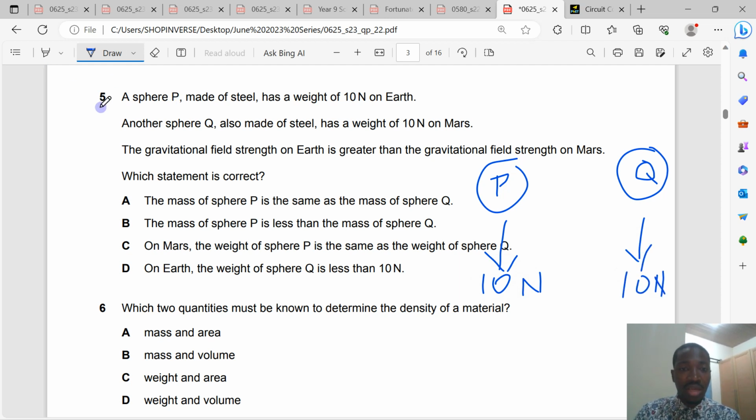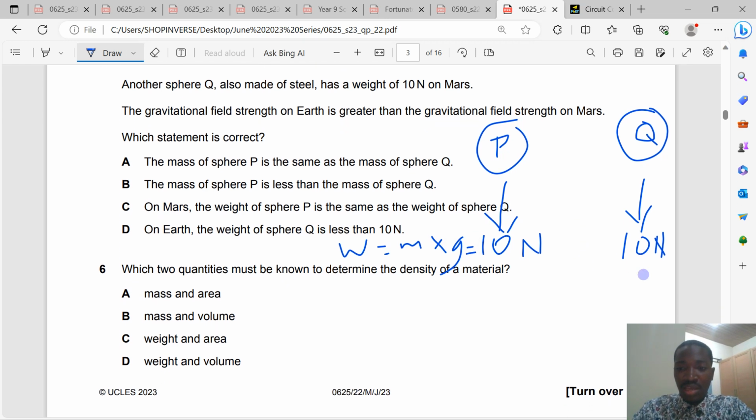Now, let's see. The gravitational field strength on the Earth is greater than the gravitational field strength on Mars. Which statement is correct? You know, weight is equal to mass multiplied by gravity, and that's what gave us 10 here. The same thing with this one.